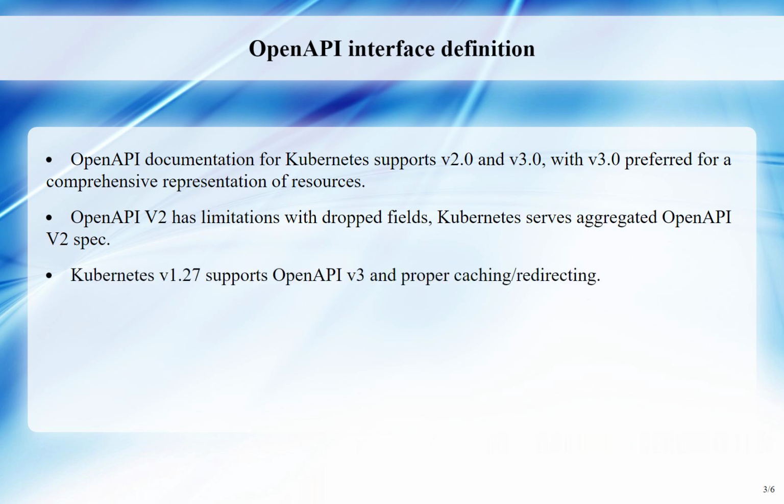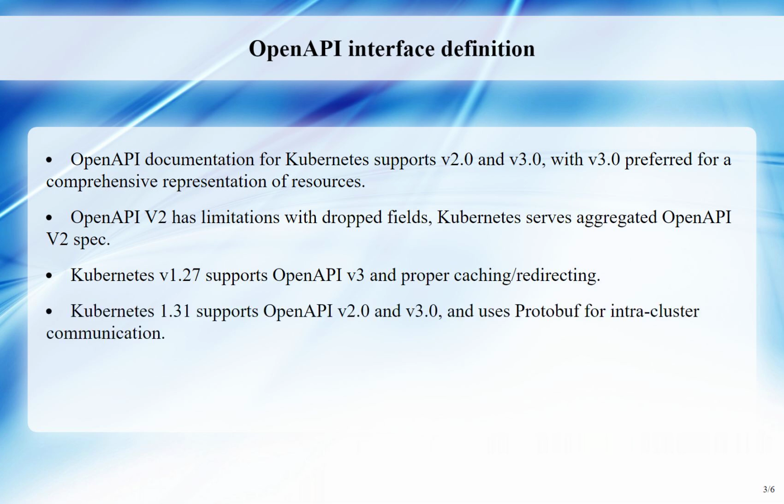On the other hand, Kubernetes v1.27 supports publishing API descriptions in OpenAPI v3 via the /openapi/v3 endpoint, which only returns JSON. The API server sets proper caching headers for client-side caching and redirects to the newest URL if an obsolete one is used. Kubernetes 1.31 publishes both OpenAPI v2.0 and v3.0, with no current plans to support 3.1.